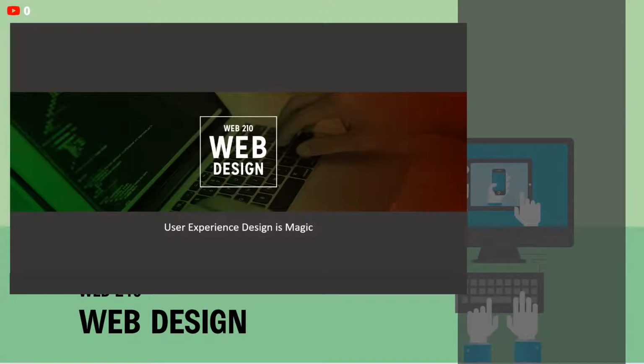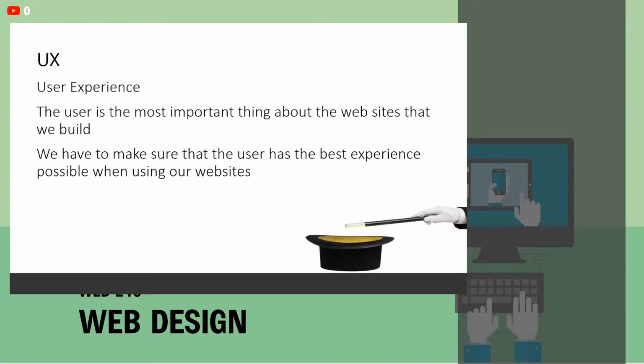So when you see user experience or UX, the most important thing about the websites that we build is the user, right? That's why we build the site. I'm not building a site for me. I'm building a site for other people to use it. And that's the big thing that we have to work through our heads as we're getting started.